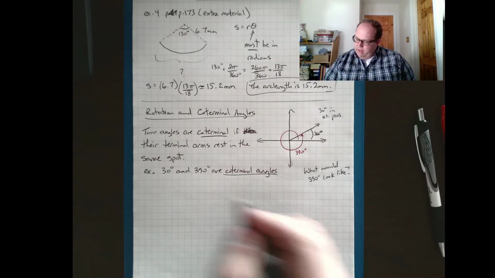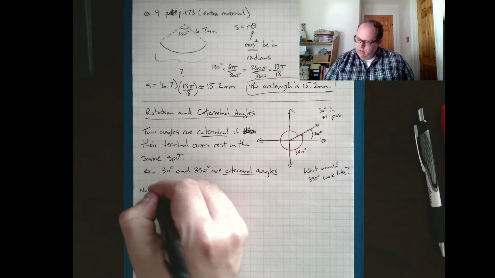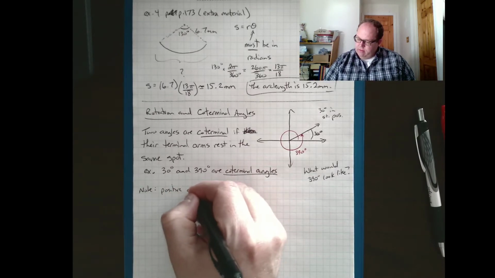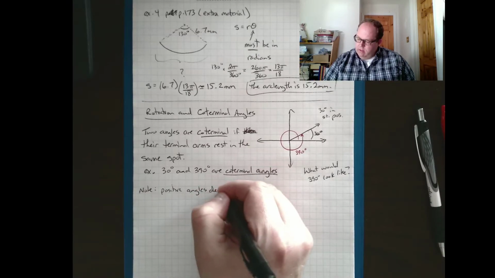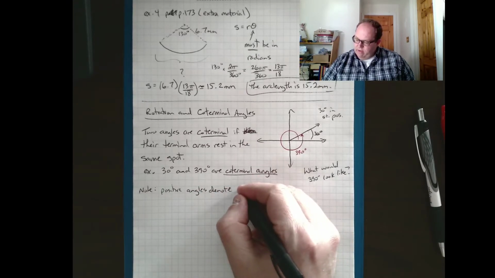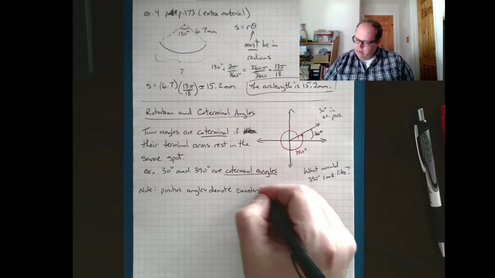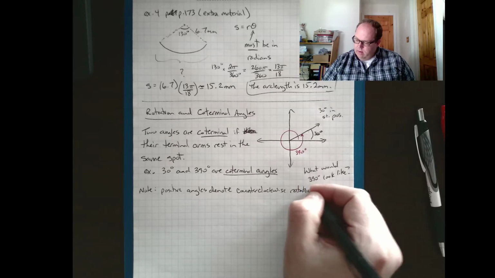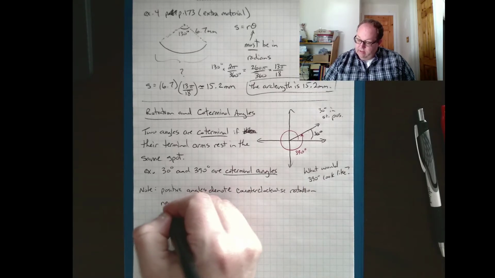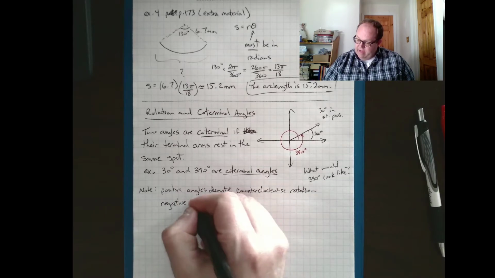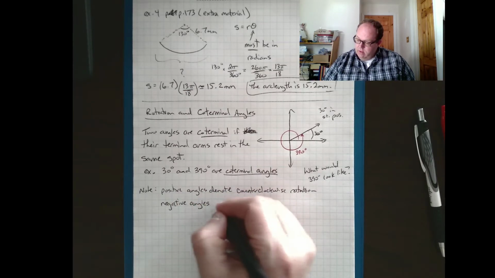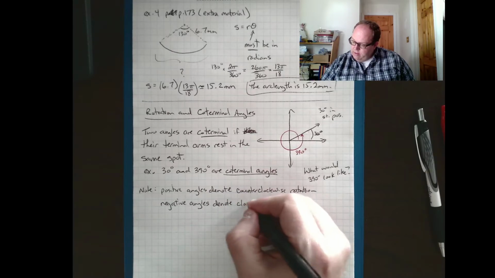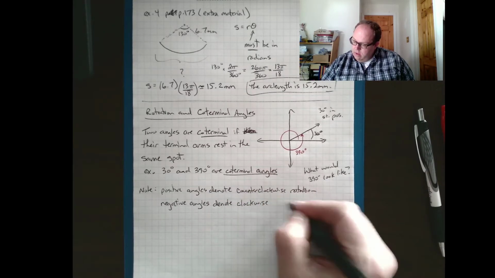Now it is worth noting positive angles denote counterclockwise rotation, and not too big a shock after that, negative angles denote clockwise rotation.